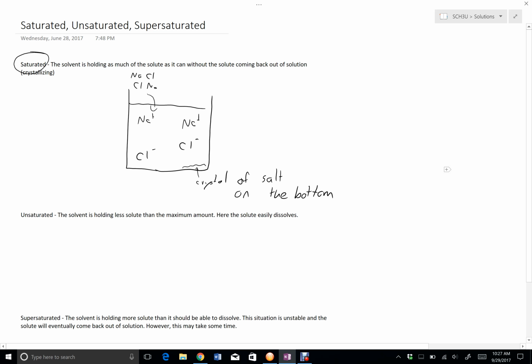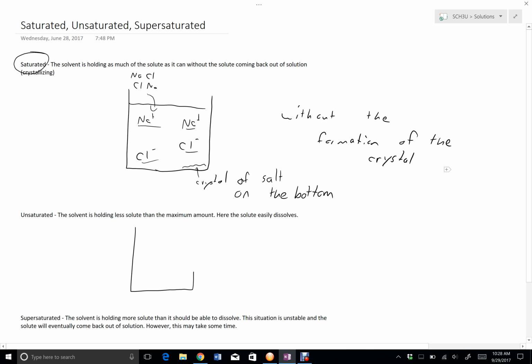Saturated means the most dissolved ions that you can have without the formation of the crystal. So in a sense, this is the highest concentration that's sustainable in a solution.